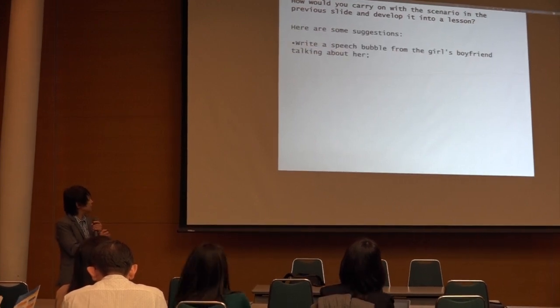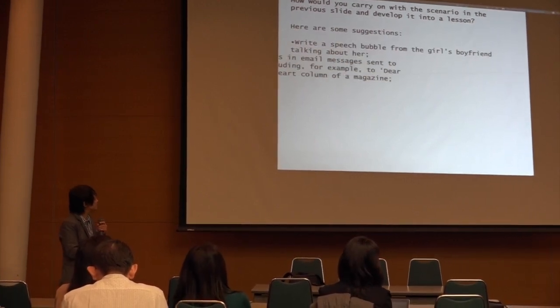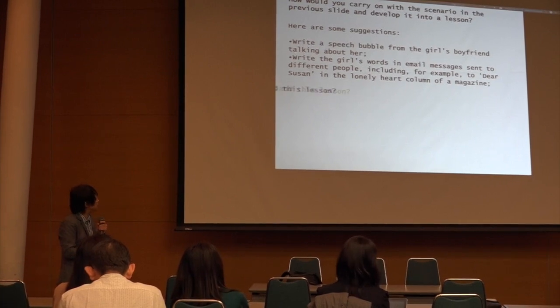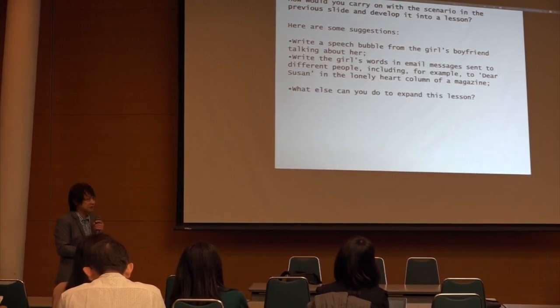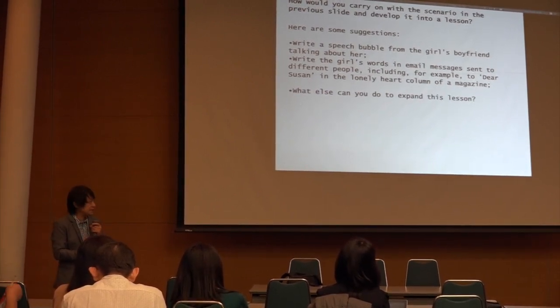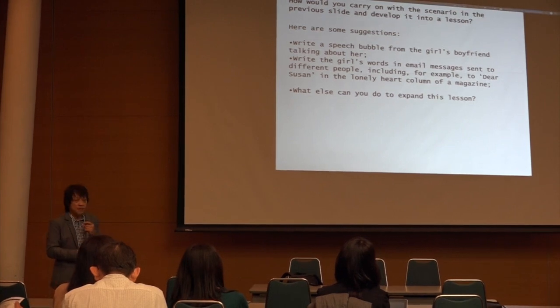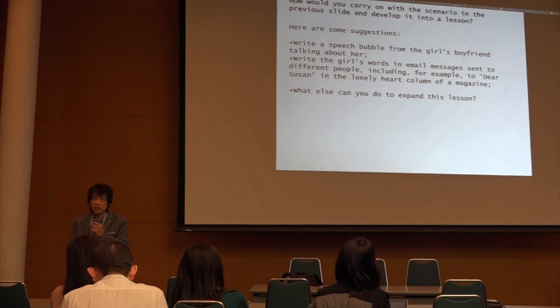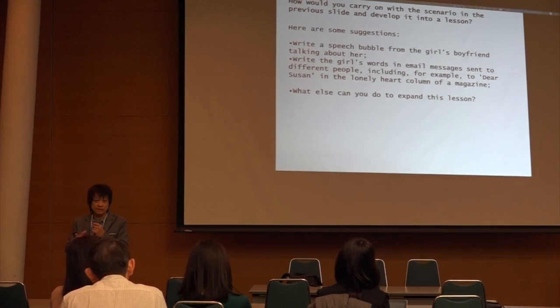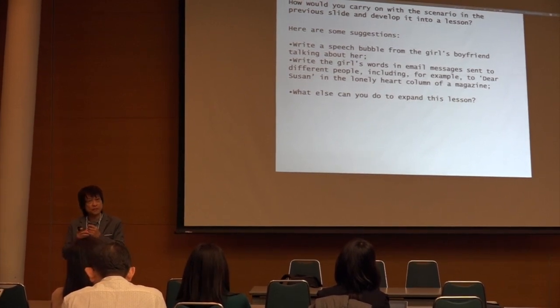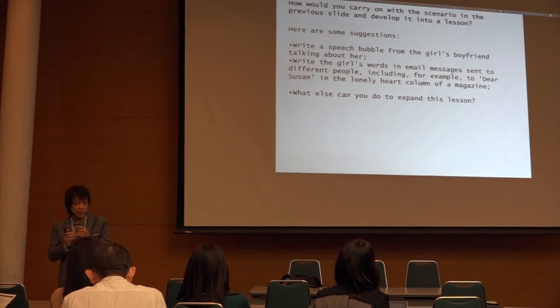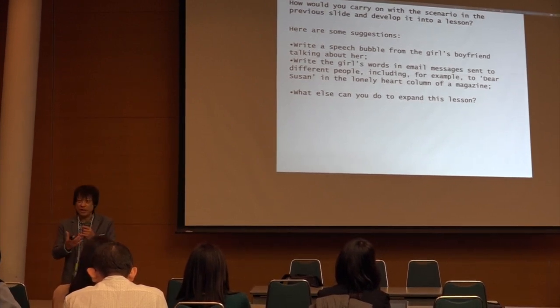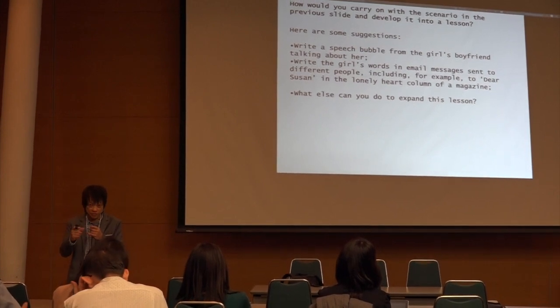I think I'll just make a summary of what we just discussed. You can draw bubbles, you can write the word in different contexts, like email, formal letter. In Australia, people have this magazine called the Weekly Women Magazine, and there's a column called Dear Sister Sue, and they talk about their problems for Sister Sue to respond to.